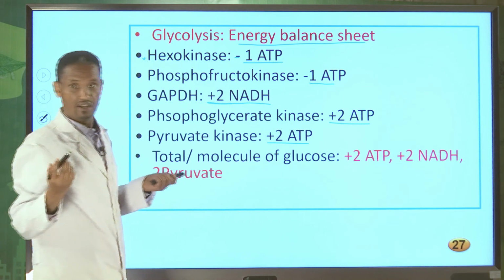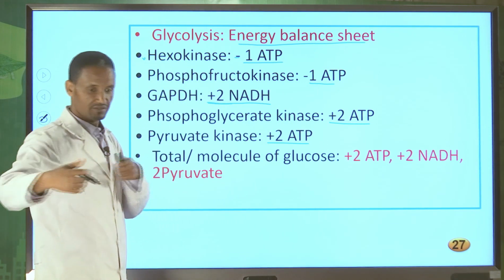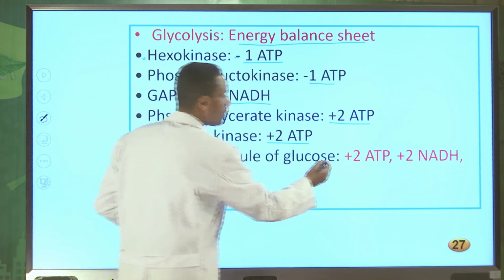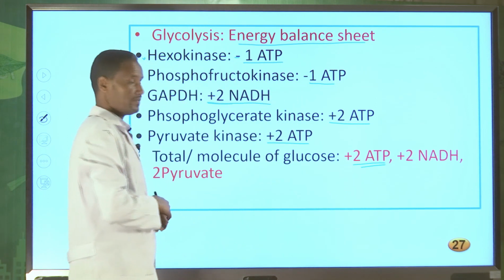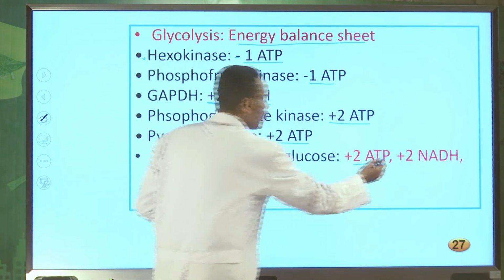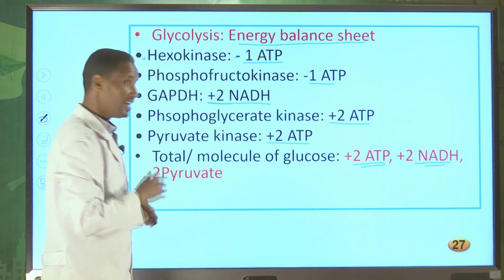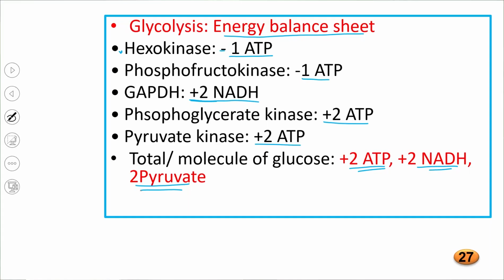Therefore, if you subtract 4 minus 2, the net ATP gained by glycolysis is 2 ATP, and also 2 NADH, which is a high energy storing compound. And 2 molecules of pyruvate are formed at the end of glycolysis from 1 molecule of glucose.